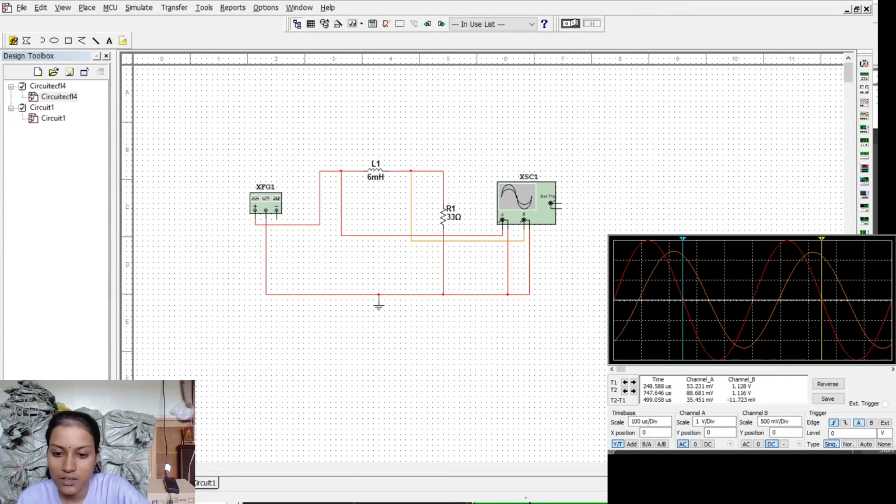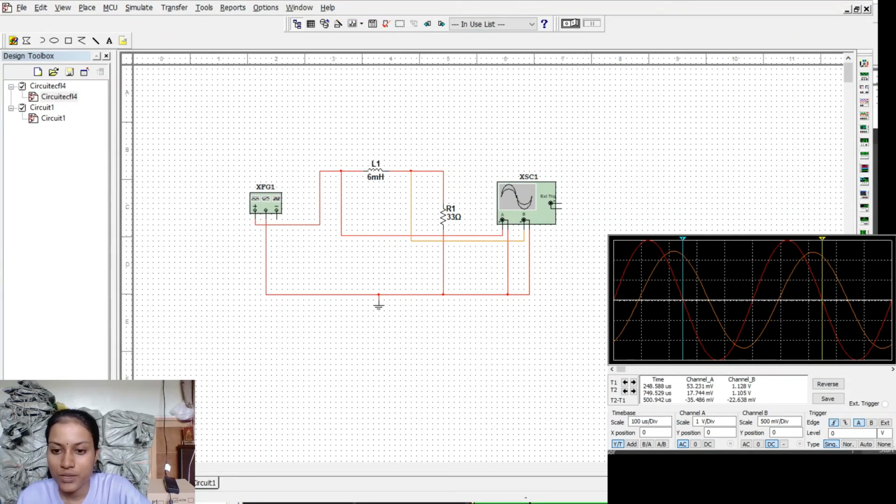We can take 499.058 microsecond for channel A, and for channel B we try to take 500.942 as well.